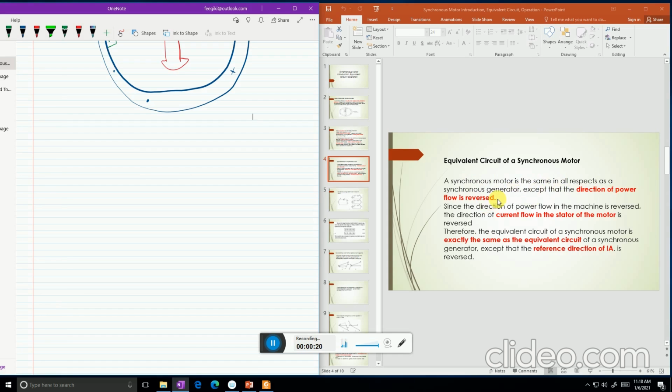So the equivalent circuit of the synchronous motor is exactly the same as the equivalent circuit of the synchronous generator, except that the reference direction of IA is reversed. Because the direction of power flow in the machine is reversed, the direction of current flow in the stator of the motor is reversed.